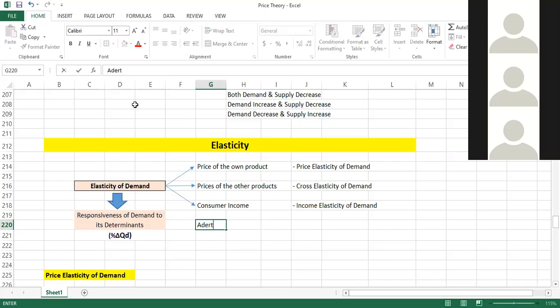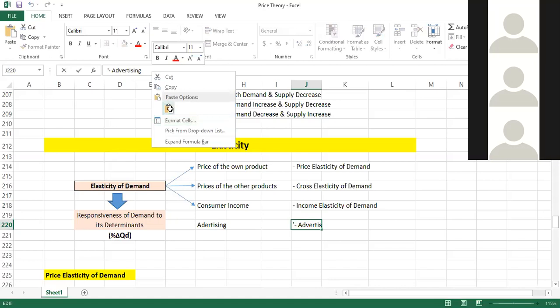So it was called advertising elasticity of demand, which measures, when the advertising expenditure changes, what is the responsiveness of quantity demanded of the product.